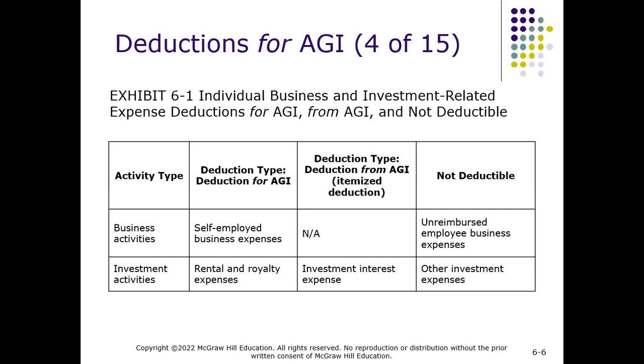Investment activities are your rental and royalty expenses, which are the typical deduction for adjusted gross income. Now, sometimes, and you'll see this when we get into our itemized deductions, investment interest expense is allowed to be deducted as an itemized deduction. So if you're saying, well, what exactly is that? Sometimes people will take loans to purchase investments.